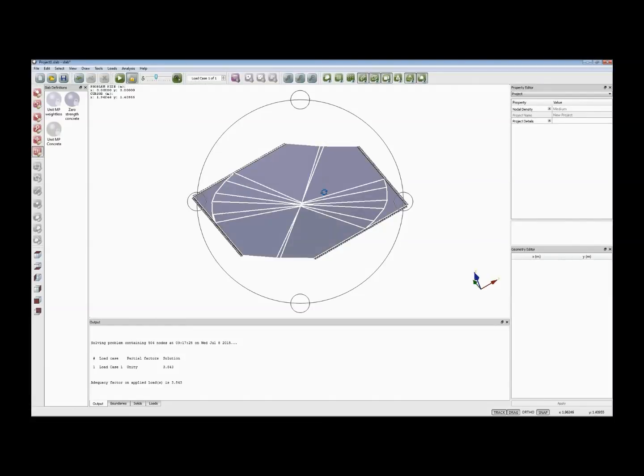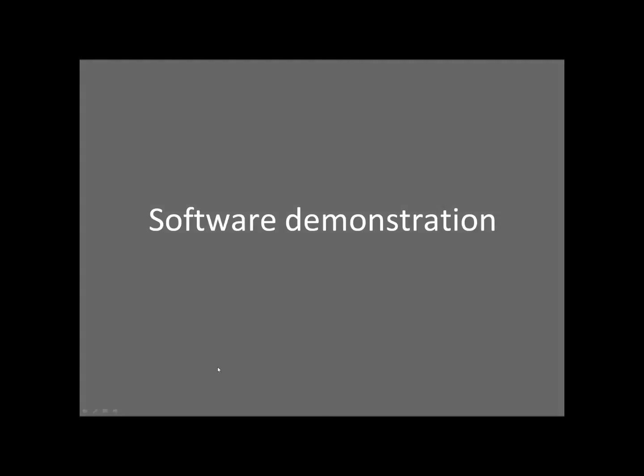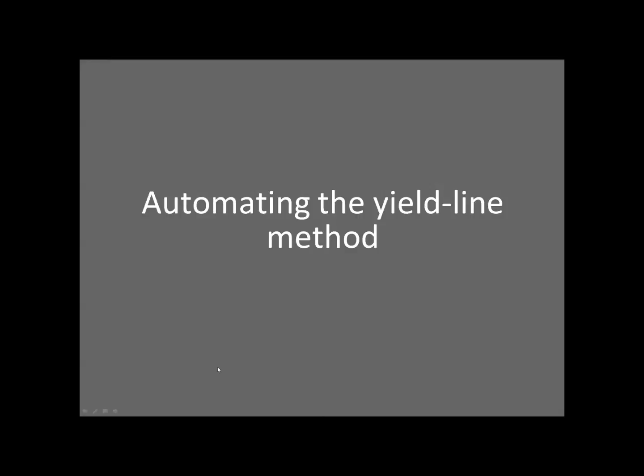So you can see that very, very quickly you can set up and solve problems which would have been exceedingly time-consuming to solve by hand, and that's really the key point with the automated method. We can do things that we simply couldn't do previously.